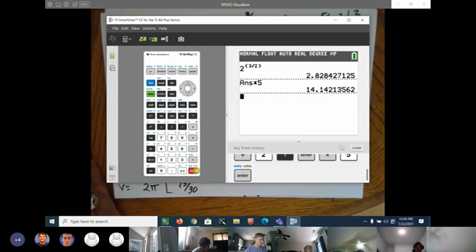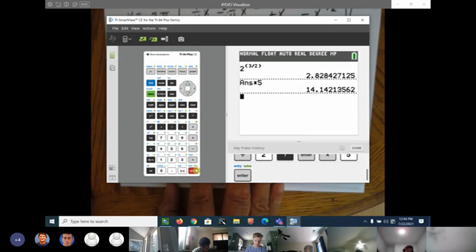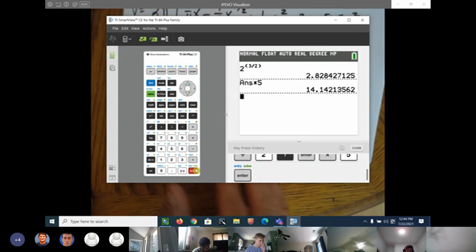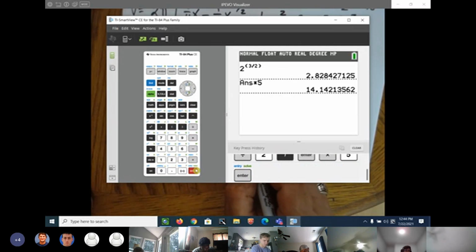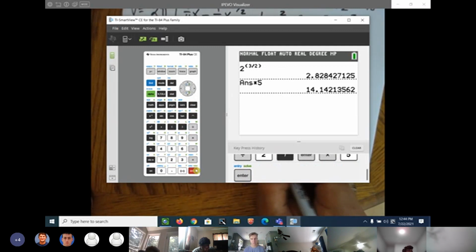Yeah, that's not right. 14, 15 minus 14. I'm going to go ahead and tell you what the answer is. The answer is 11 pi over 30. So I'm just going to mark this out. Put 3 dots. 11 pi over 30.